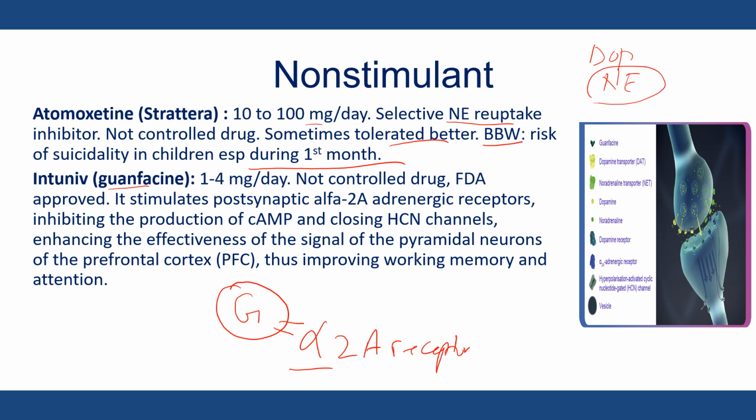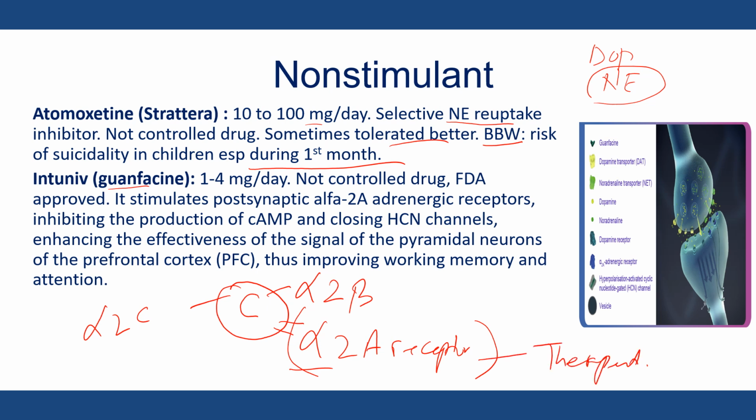Clonidine, I'm going to put C here. Now, with clonidine, of course, you have alpha-2A receptors that will help, but clonidine also has impact on alpha-2B receptors and alpha-2C receptors. When you bind at alpha-2A receptors and increase norepinephrine, that will give you a therapeutic effect, and that's a good thing.